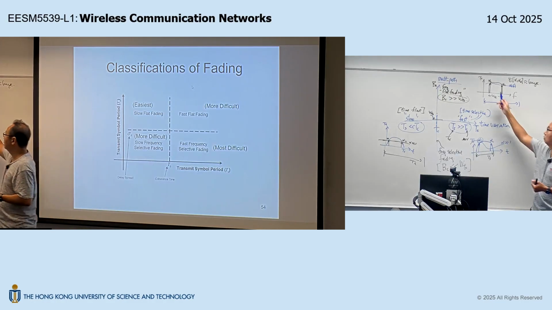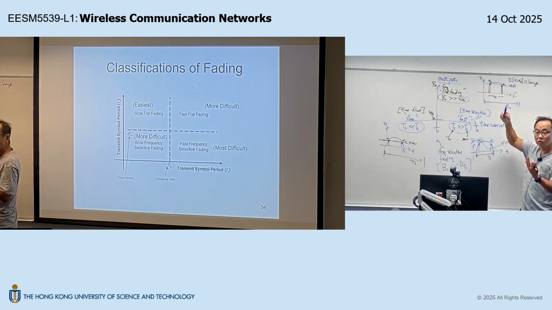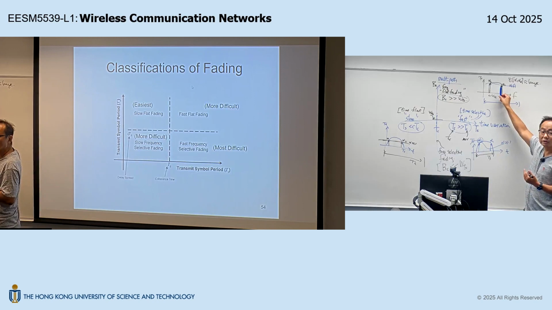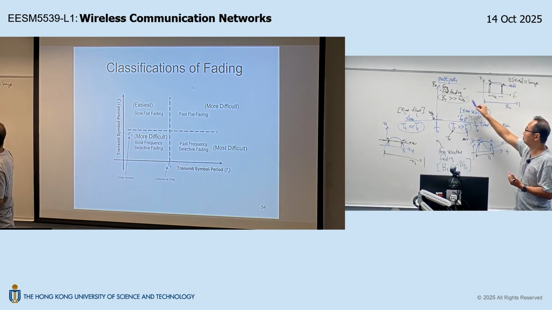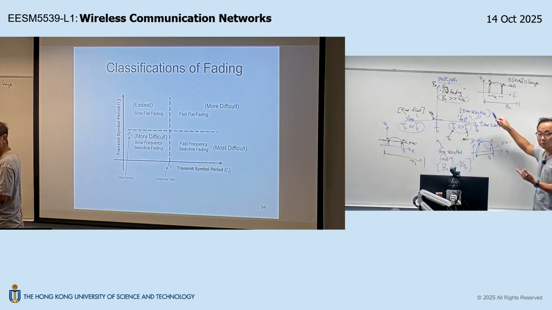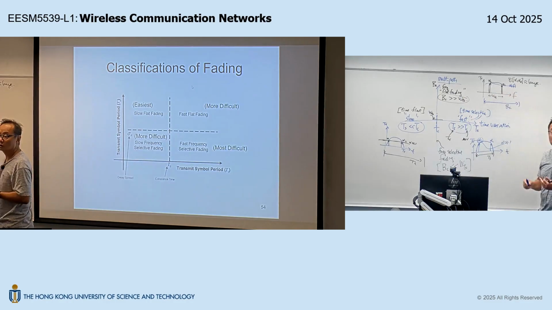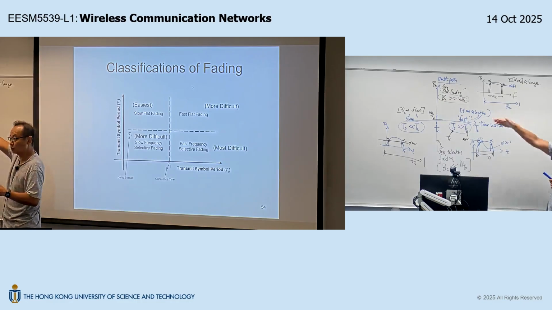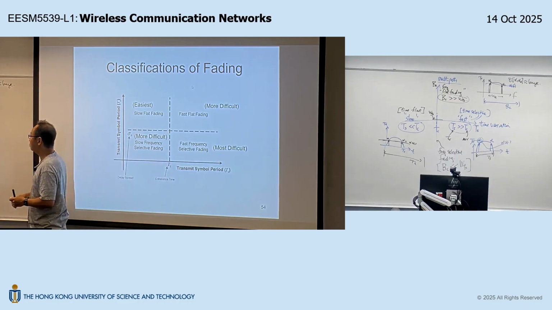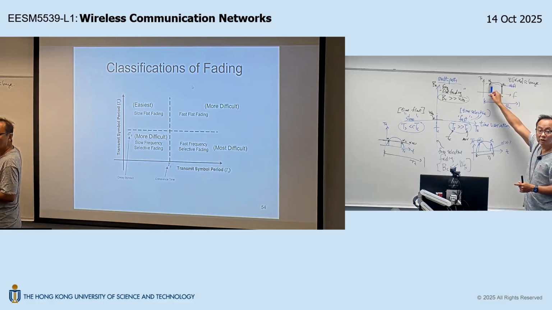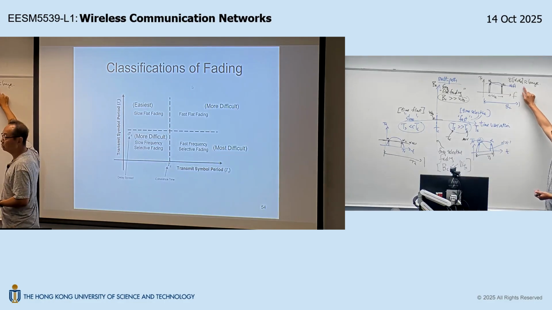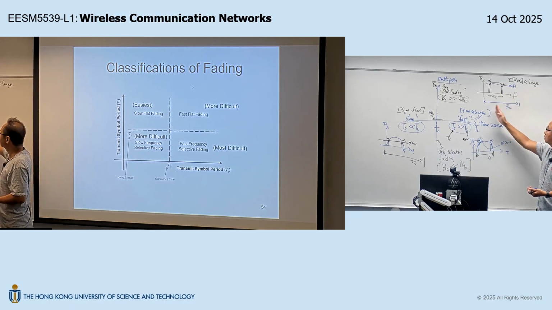Okay, so that means within your transmitted spectrum, all the frequency components experience very similar fading. So that's why this is called frequency flat. The transfer function of the fading channel is like a flat response. That is because all the frequency components within your transmitted spectrum experience very similar fading. Why very similar? Because they have high correlation, because they are within your coherence bandwidth.